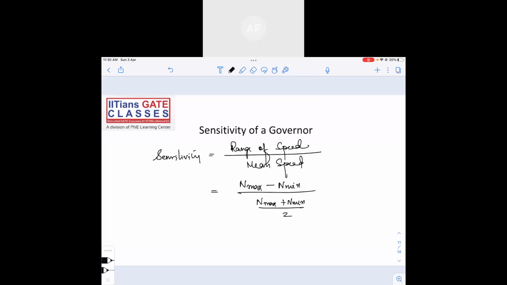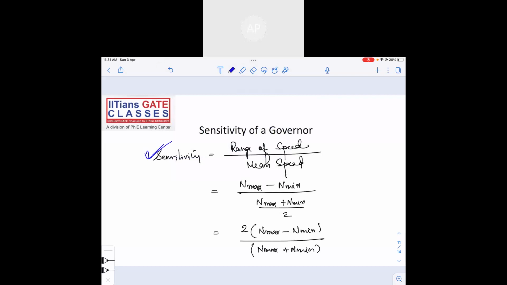So sensitivity can be written as 2 times n maximum minus n minimum, divided by n maximum plus n minimum. This is what is called the sensitivity of a governor, right?